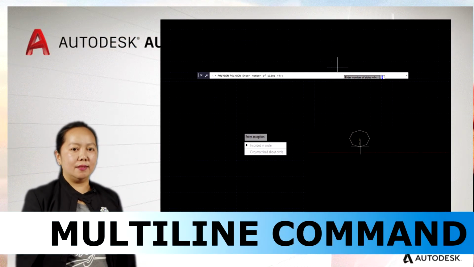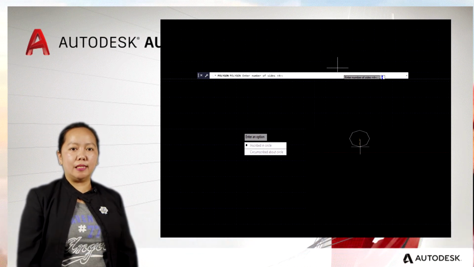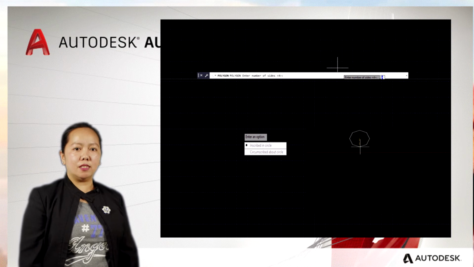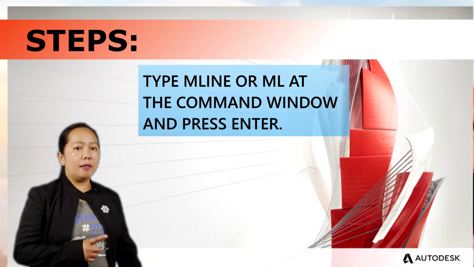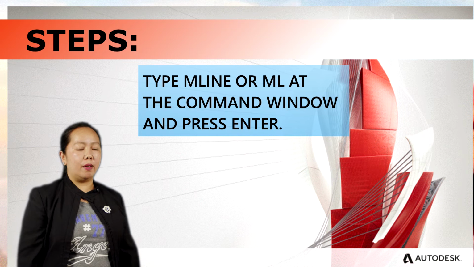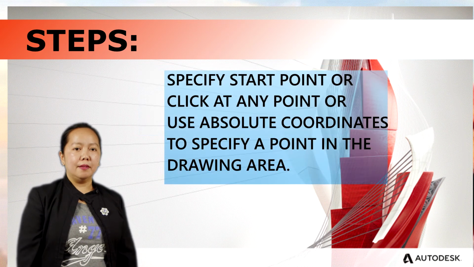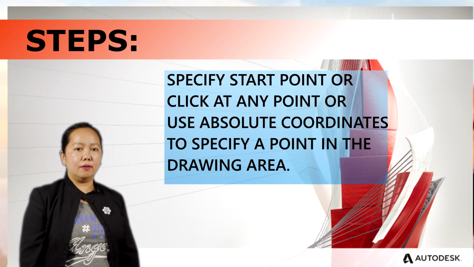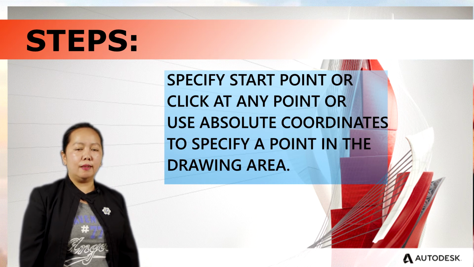Multi-line command. The multi-line or the ML command is used to draw a single line or series of lines or pairs of lines from one point to another as a single entity. Steps. Type mline or ML at the command window and press enter. Specify start point or click at any point or use absolute coordinates to specify a point in the drawing area.